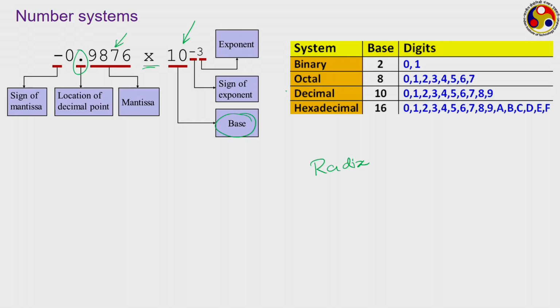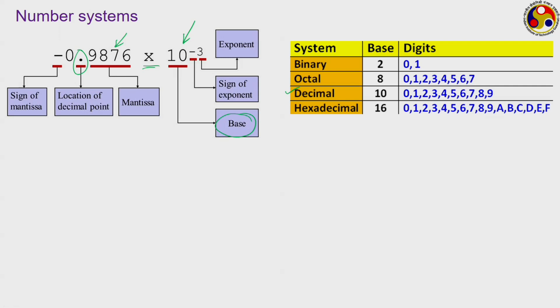Decimal refers to the base of 10, that means there are 10 possible digits starting from 0 up to 9. But we can also have the binary data set where we have just 2 digits, 0 and 1. We can have the octal data set where we have 8 digits, 0 to 7, and we can also have the hexadecimal data set starting from 0 to 9, and then A, B, C, D, E, F. Here A corresponds to 10 in decimal, B corresponds to 11 in decimal, and this way we shall shortly be seeing their correspondence.